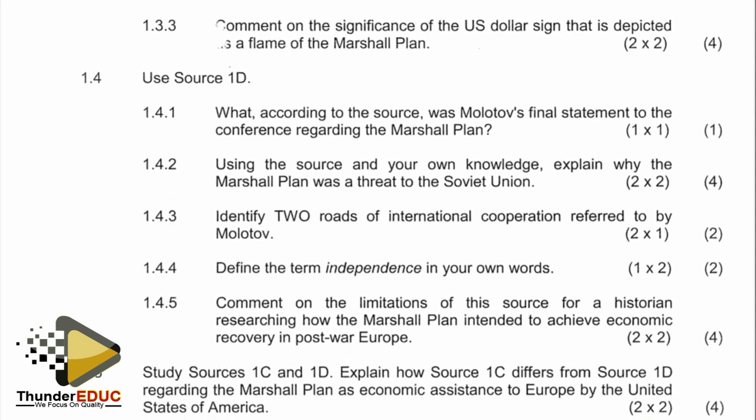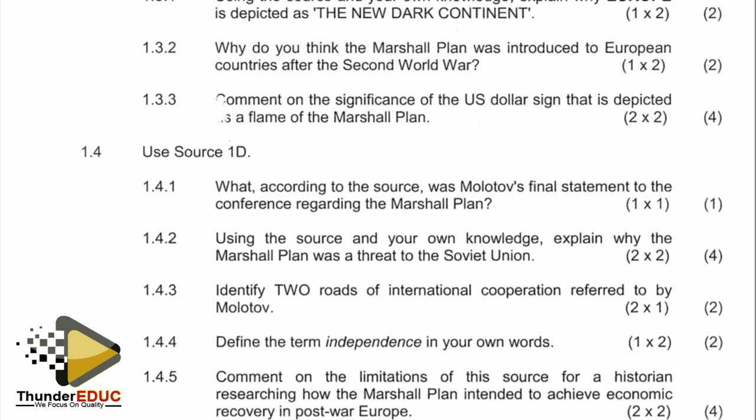Right. Move on to the next question, number 1.3. Comment on the significance of the US dollar sign that is depicted as the flame of the Marshall Plan. What is the importance of the US dollar sign as the flame of the Marshall Plan? It's the one that is giving light to the new dark continent.